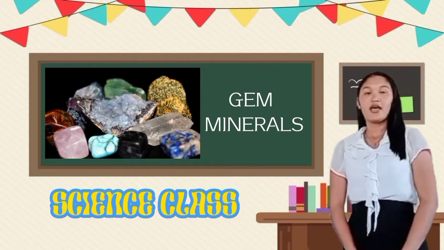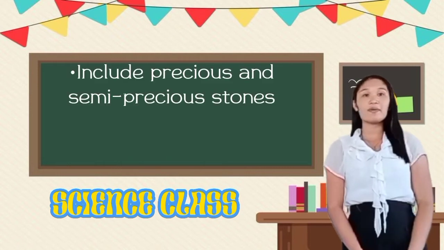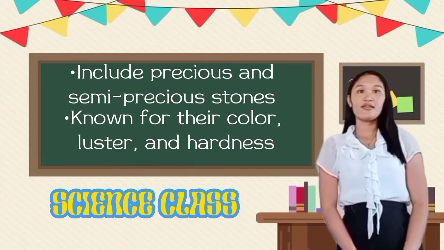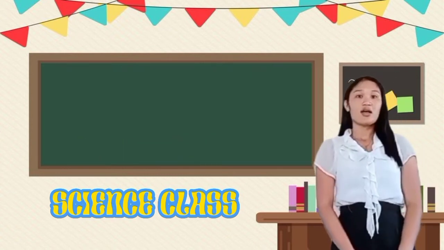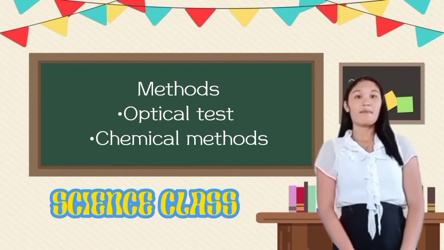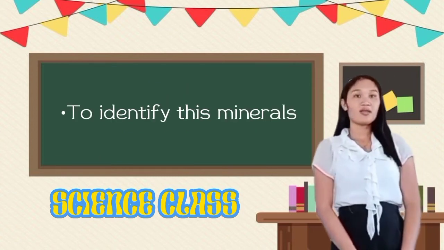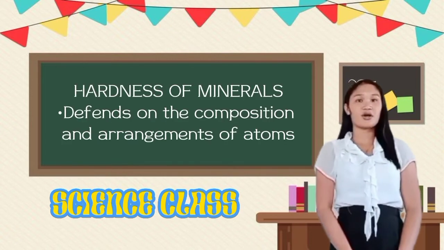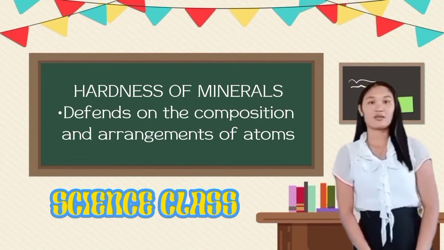Gem minerals. They include precious and semi-precious stones, known for their color, luster, and hardness. Methods such as optical tests and chemical methods are used by mineralogists to identify these minerals. Hardness of minerals depends on the composition and arrangement of atoms.